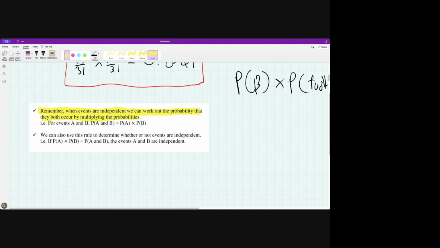If they're independent, you can use this formula. But we can also use this rule to determine whether or not events are independent. So what I did now is I checked whether the one times the other was the same as both of them at the same time, essentially.